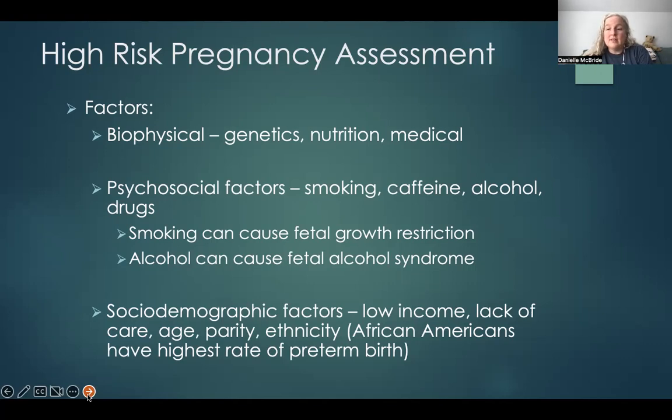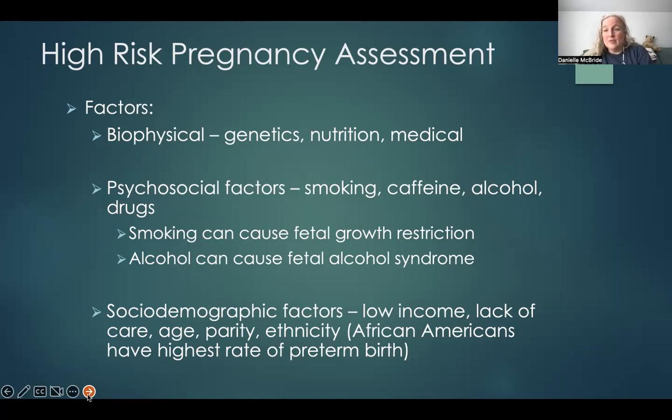Alcohol can cause cognitive impairments for babies and what we call fetal alcohol syndrome. We've already talked today about how genetics and nutrition and all these different things can play a role. And then socio-demographic factors. This was something we touched on in week 1 about access to care and ethnicity.